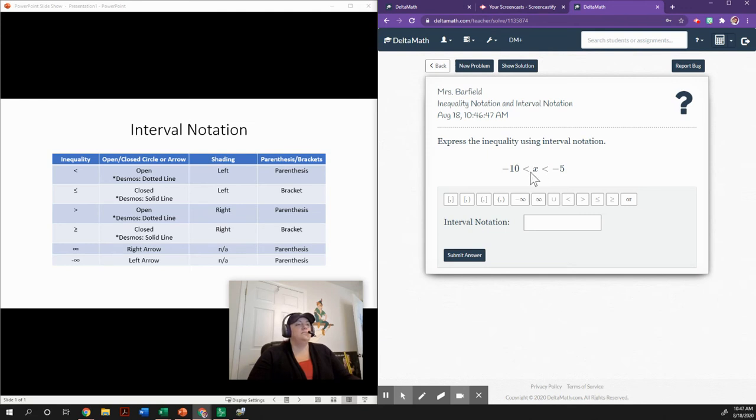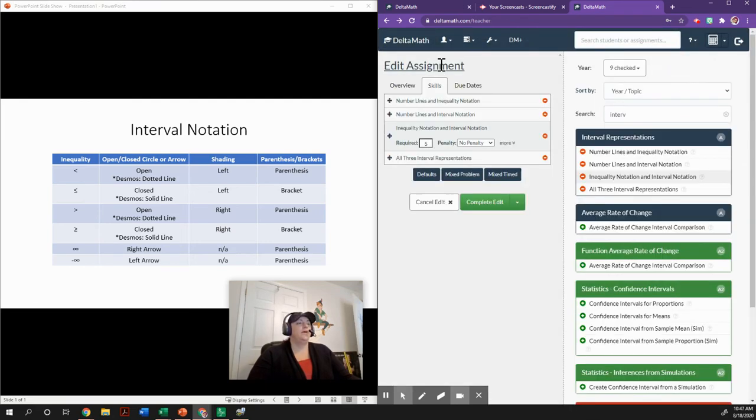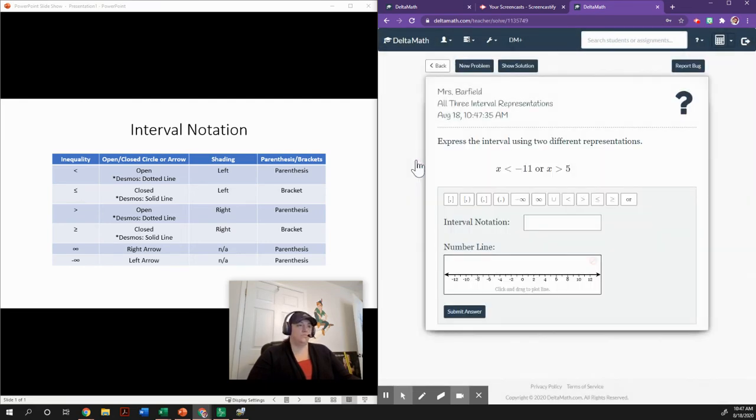All right, so if I have two less thans, so I go to less than, parentheses. So I need the one that has double parentheses, -10, and then -5. Submit my answer. There we go. Okay, so let's move on to the next one.